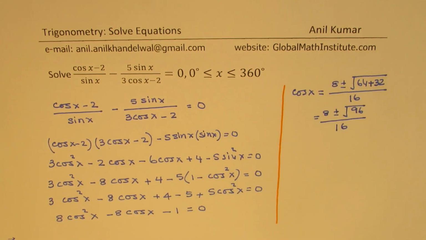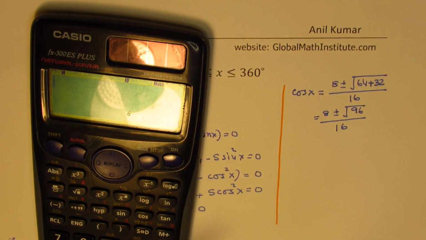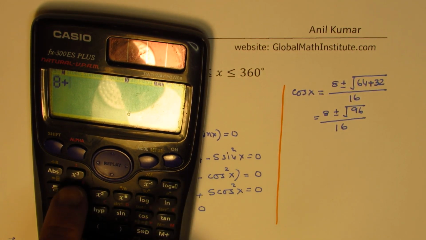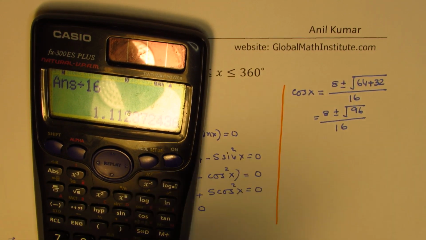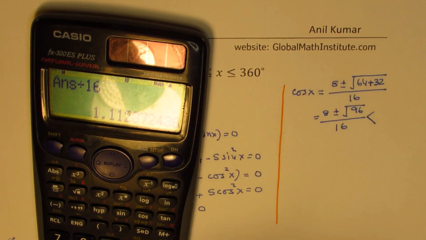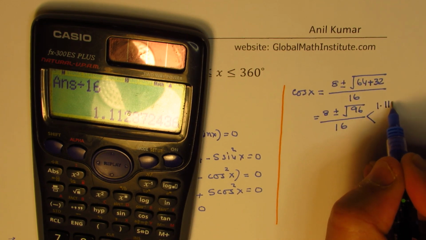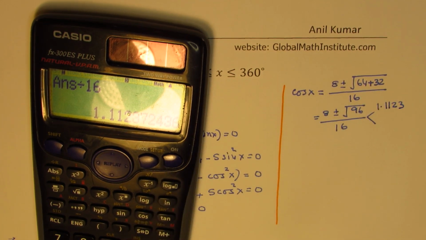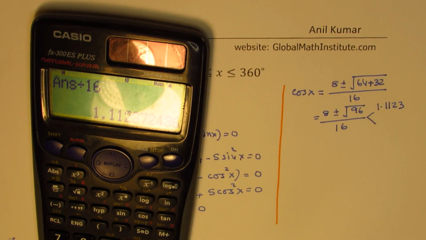So let's calculate these values. What do we get? So we have 8 plus square root of 96 divided by 16. We get a value which in decimals is approximately 1.1123. So that is not quite valid because cosine cannot be more than 1. Right?